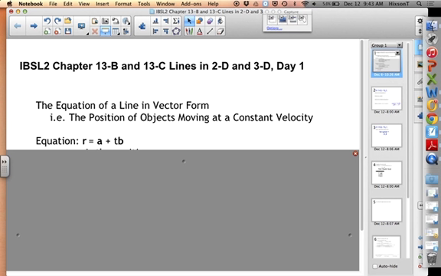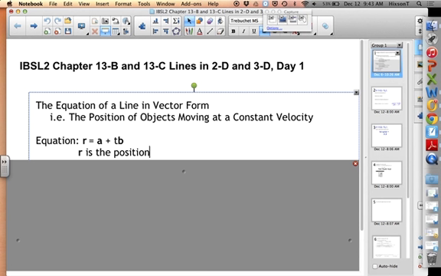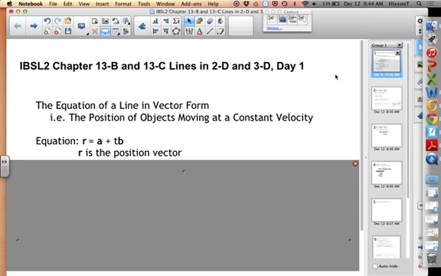Now, what do all these represent? Okay? Well, R is your position vector at any given time. Okay? And I should probably put the word vector in there. It's a position vector. Okay? So sometimes you'll see it just called a point, and that's okay too.